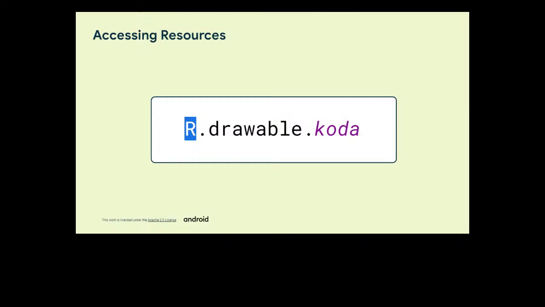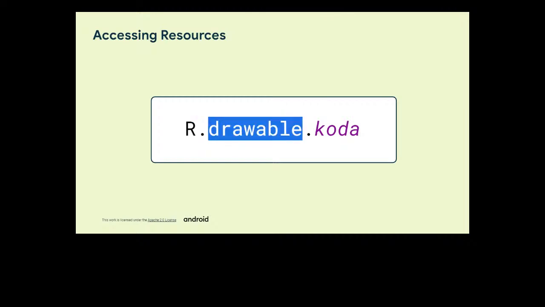So R dot drawable. A drawable is something that the Android user interface can display in the form of an image or an icon. So that is a drawable that you essentially draw as a human instead of writing.